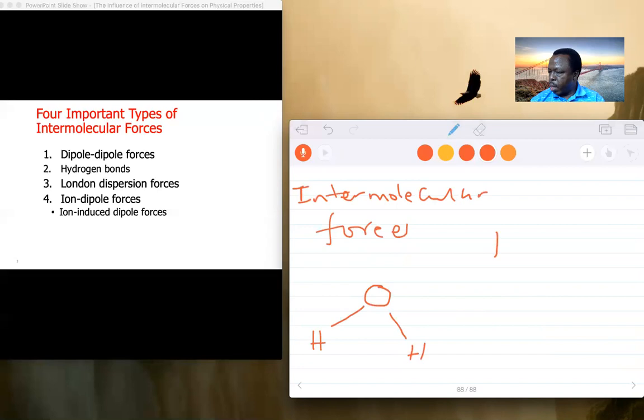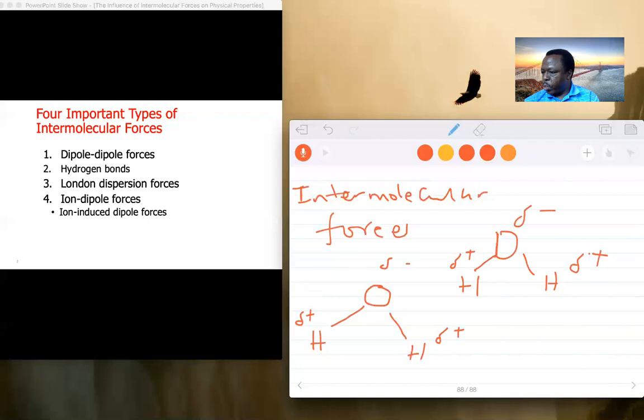And if we have another molecule right here with hydrogens, assuming this shape, positive, negative, positive, negative for oxygen. We're going to talk about that momentarily. The type of force you see here is called intermolecular force of attraction.